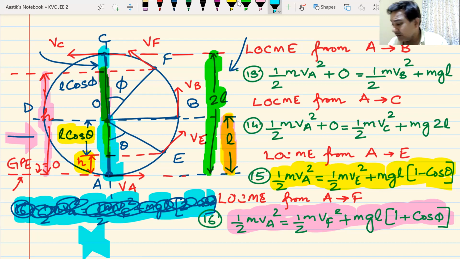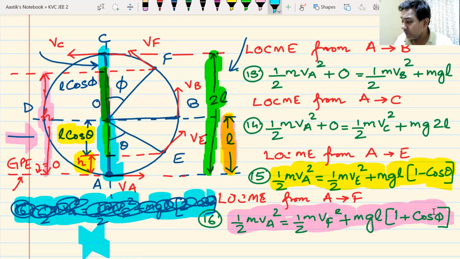If you know that, there cannot be any question that comes in the exam that you can't do using these 16 equations. But remember, these are not 16 equations to be made. Please don't be carried away by, oh sir, 16 equations, how will I do it? No. You only need to make equations of dynamics at the given points.